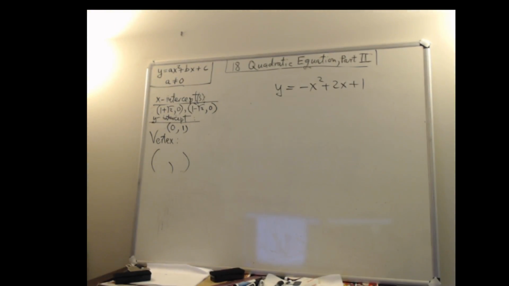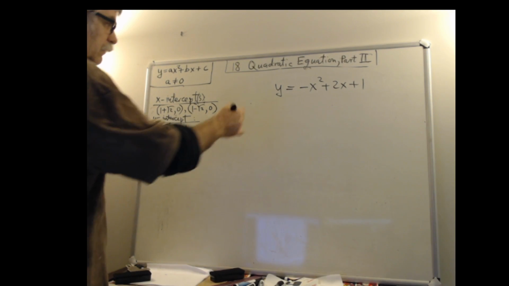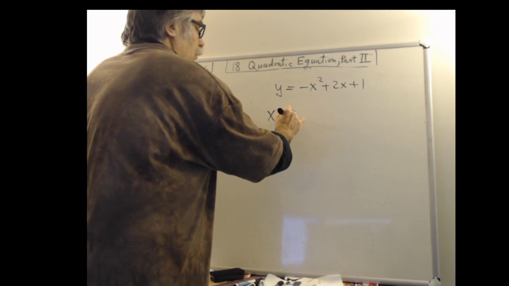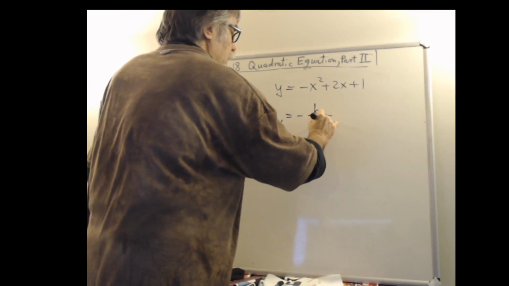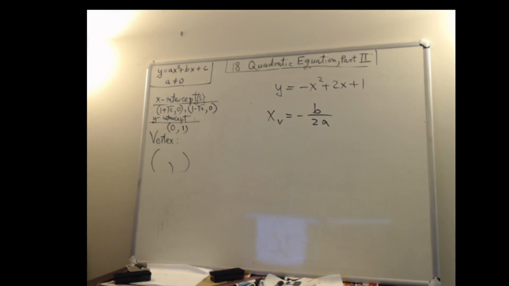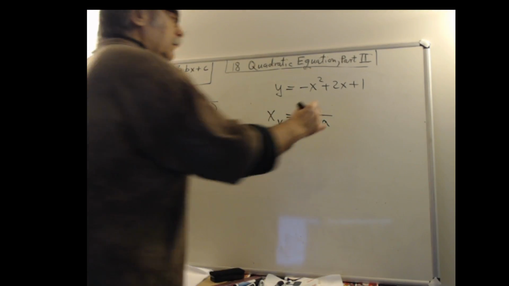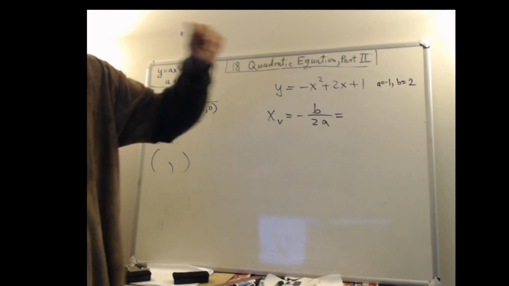The next thing is the vertex. The vertex has the x of the vertex, and I hope you'll remember the formula we already had twice. So again, you have, I shouldn't have erased this, a is equal to negative 1, b is equal to 2, and c is equal to 1, but I don't need it in this formula.